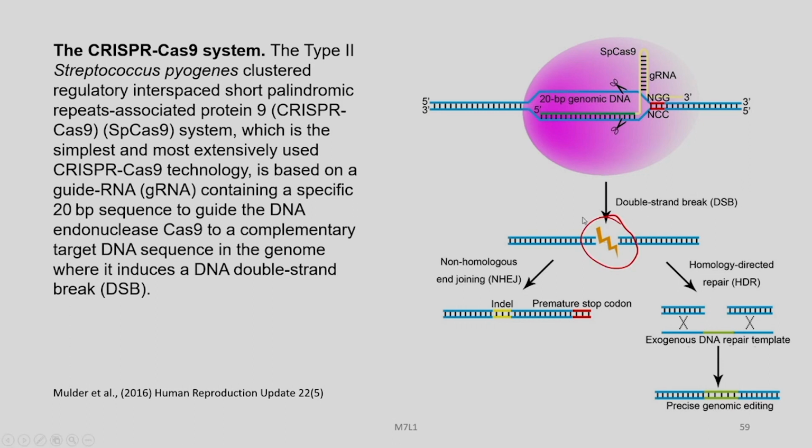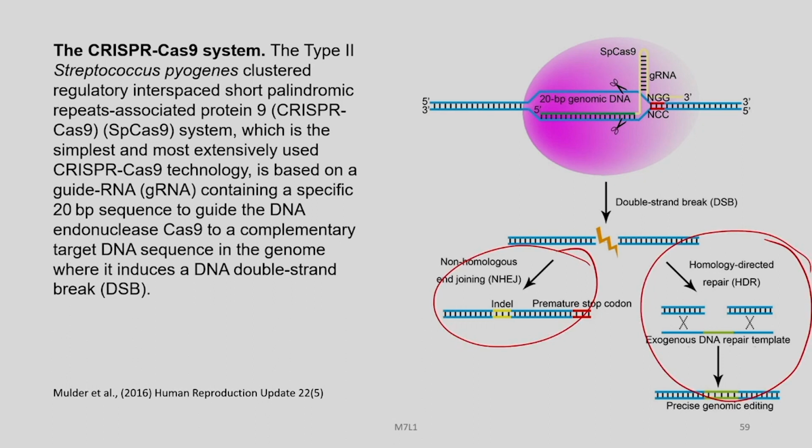And then once the double strand break happens, the path may go towards NHEJ or towards homology directed repair, and we have discussed these two pathways in detail in the earlier lectures.